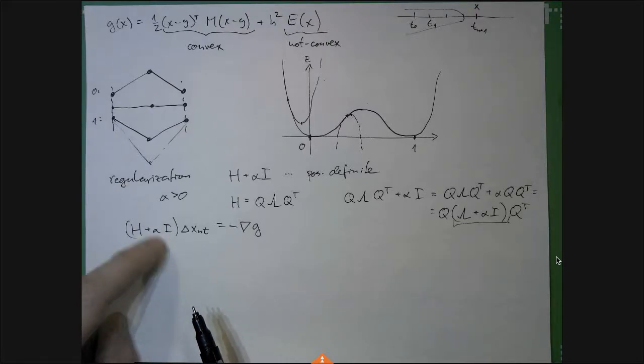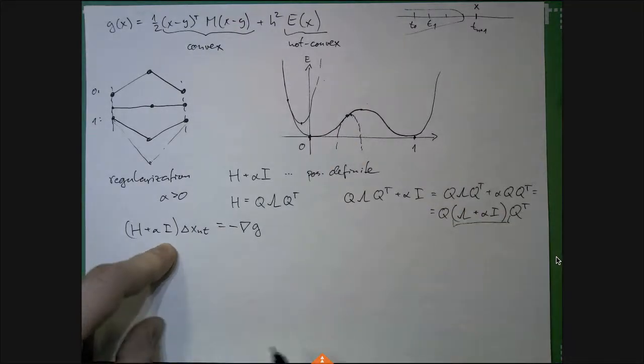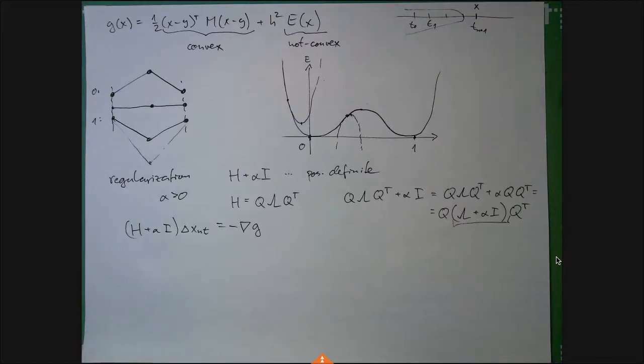But what will this mean? First of all, if you do this, this works fairly well. At least as far as I know, that's the state-of-the-art technique for dealing with non-convexity in physics. If there are some better ways, let me know. There might be, but I'm not aware of that.